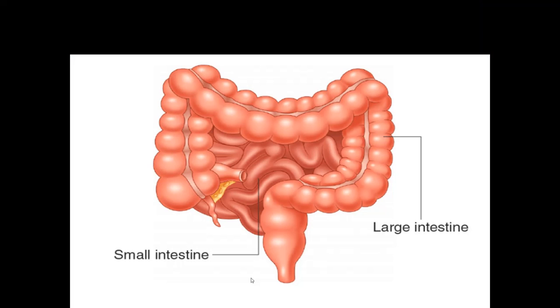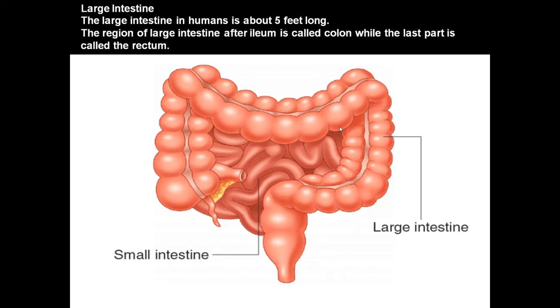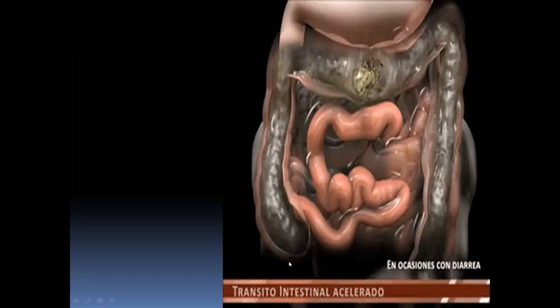It consists of three areas, that is ascending colon, transverse colon and descending colon. The large intestine in humans is about 5 feet long. The region of the large intestine after the ileum is called colon, while the last part of the large intestine is called rectum. You can observe here, this is the rectum.